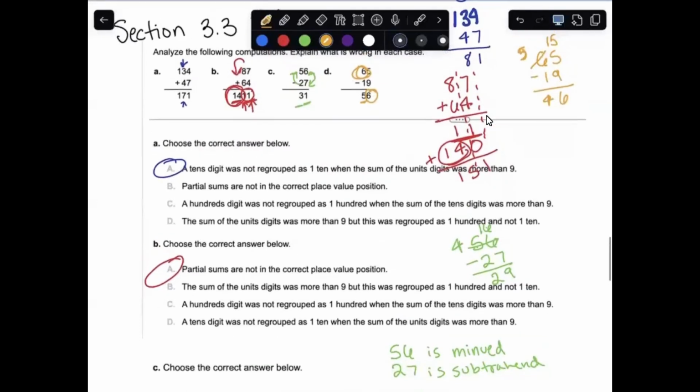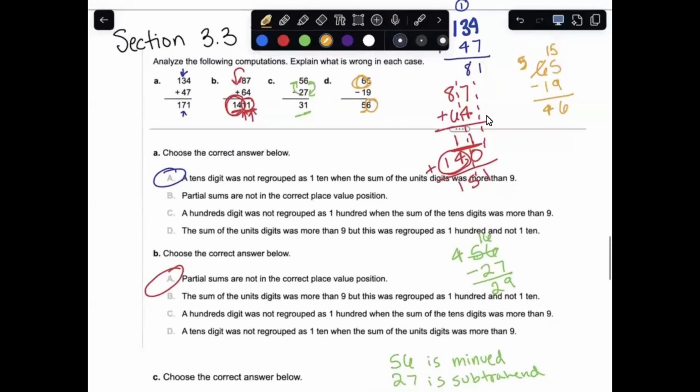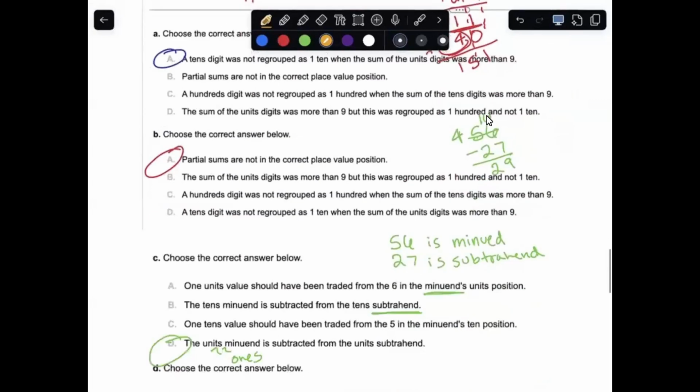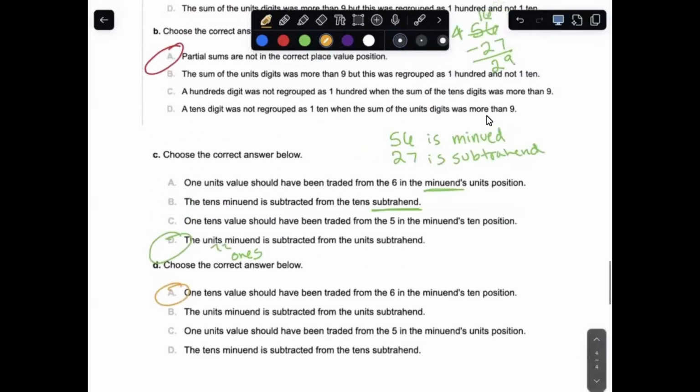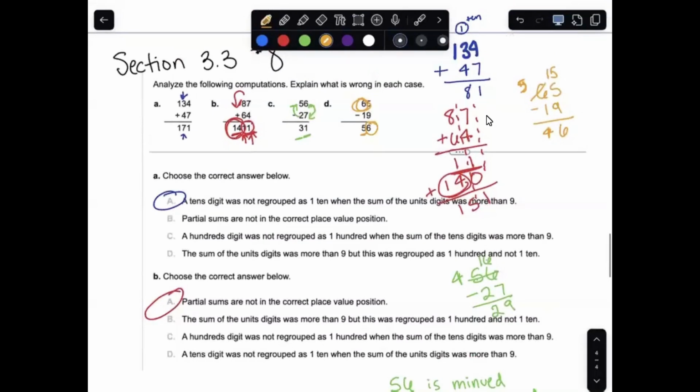They've just left it as 6 tens instead of reducing that to 5 tens. So if we look at our options for this problem, we should see that 1 ten should have been traded from the 6 in the minuend's tens position, remembering that the minuend is the number that we are subtracting from, and the subtrahend is the number we are subtracting.